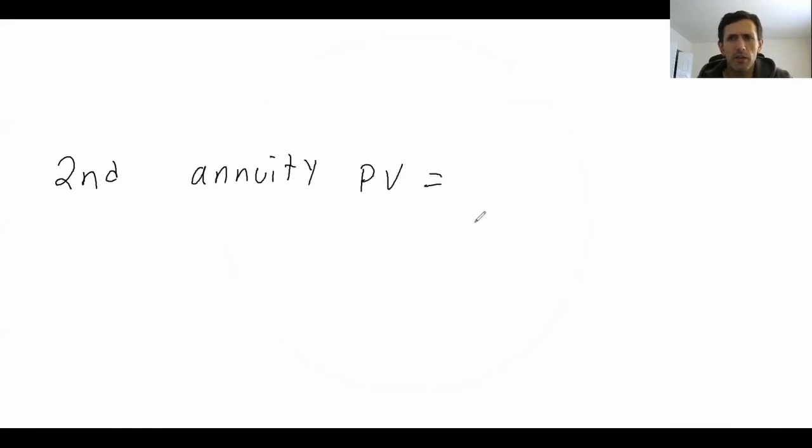So the second annuity PV is going to be 100 a infinity, double dots, annuity due.